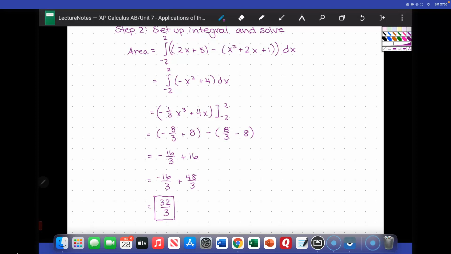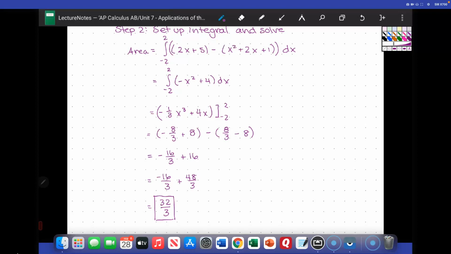I'll tell you, most likely on your test coming up, which is not for a couple weeks, don't worry, I forget exactly when it is, your test will be part calculator and part not. I would expect you to be able to work something like this out relatively quickly on a test. The AP exam will expect that too.